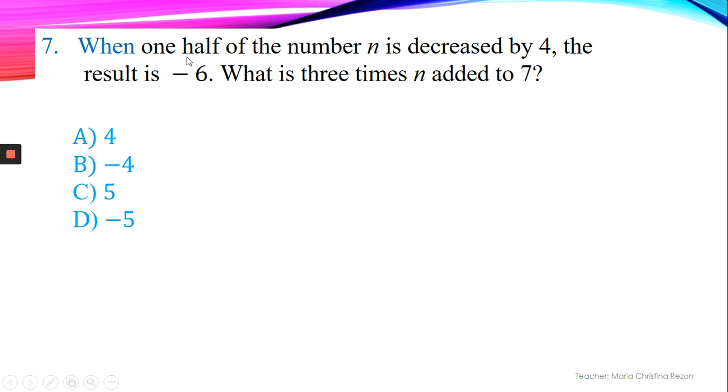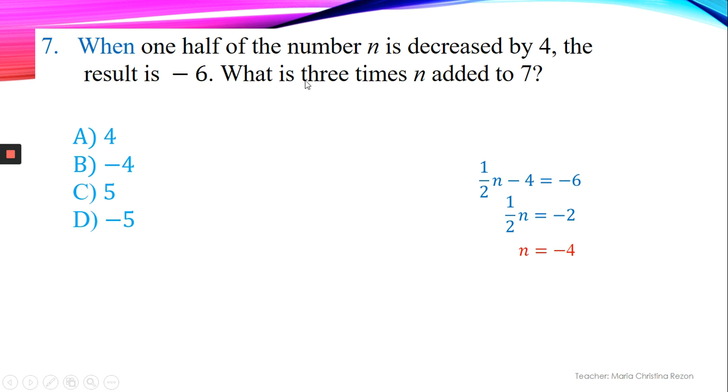So 1/2 of the number n is decreased by 4, so that is just 1/2 n minus 4. And the result is negative 6. So that is 1/2 n minus 4 is equal to negative 6. Then we solve for n. You will have 1/2 n is equal to negative 2. Then simplify further, you will have n is equal to negative 4.